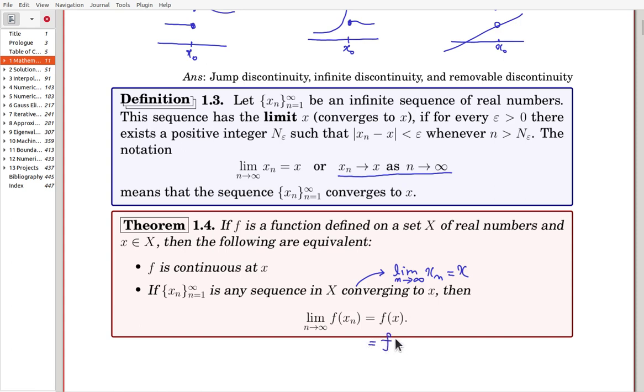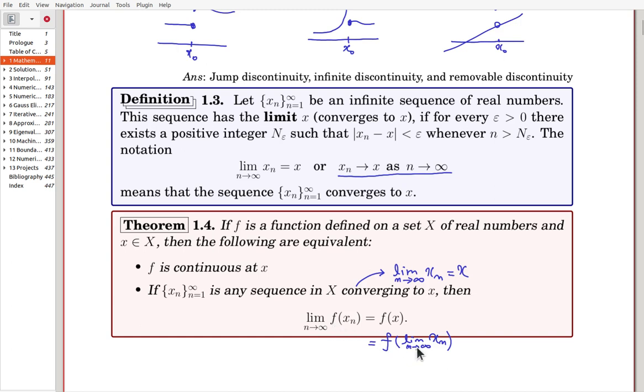Since x is the same as that one, the right side can be written in this way: rather than x, we can use the limit as n approaches infinity of xn. So this term is the same as that, and that means the limit and f can commute.